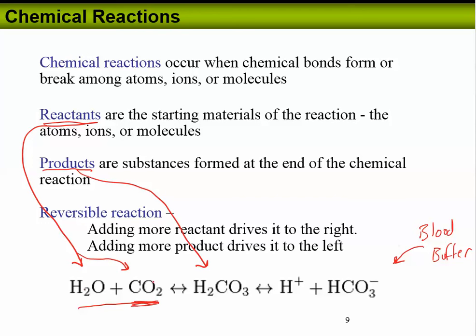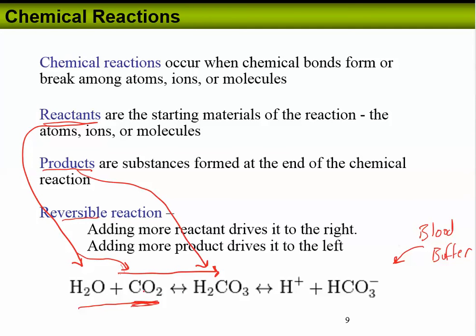Then as this builds up, it tends to push, and this is the important part. This is the part you need to understand. If we increase the reactants, and this is a reversible reaction, it will push that reaction in this direction. Try to follow this.